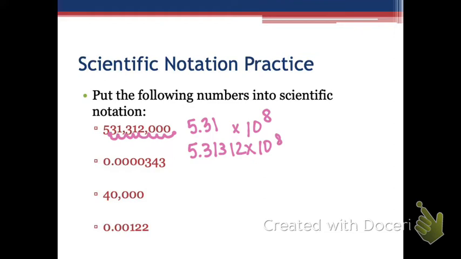But if I were going to expand this number out, it would just be this: 531000000. 1, 2, 3, 4, 5, 6, 7. Right? So by rounding it to 5.31, I'm losing some of the exactness of that number. Does that kind of make sense?